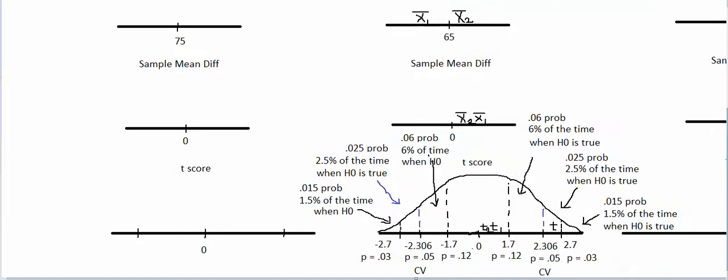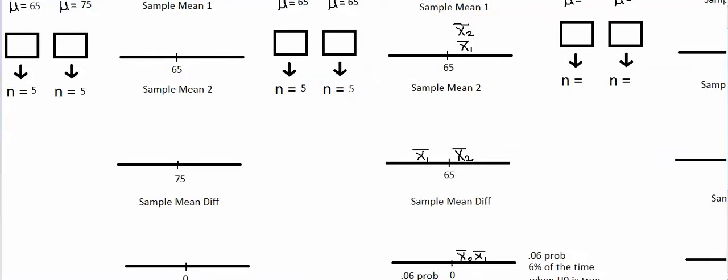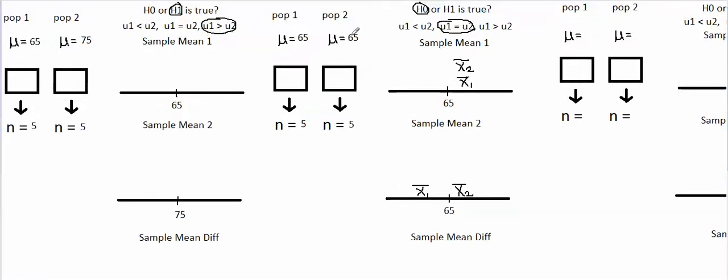This time, I don't want you to do all of this work down here with the p-values and all of this labeling, because all of these probabilities only apply when the population means are equal.